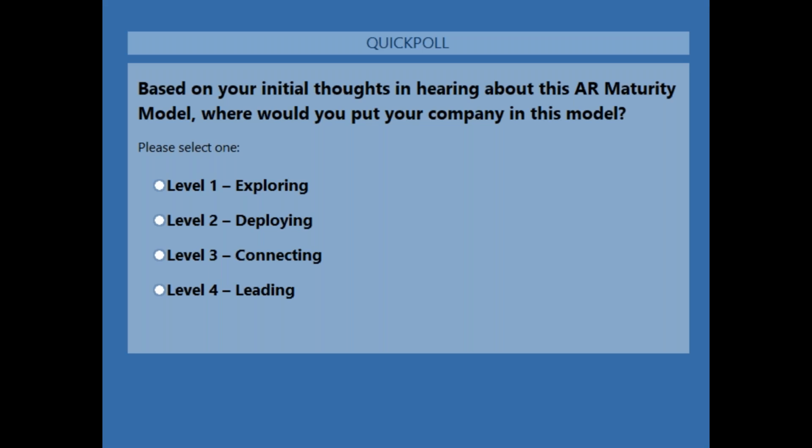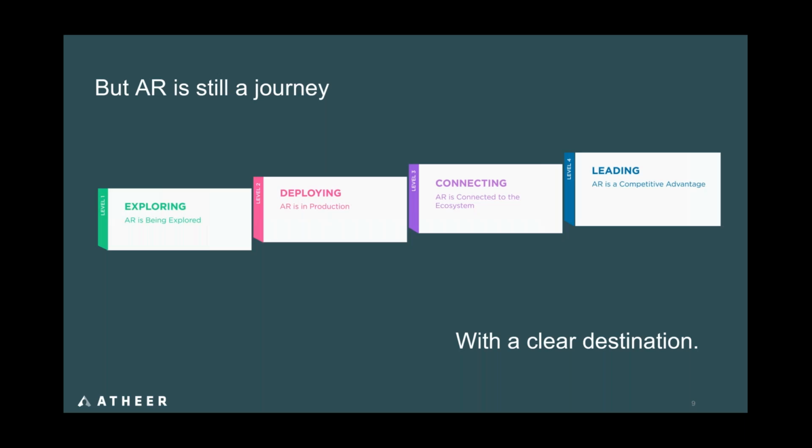So this model is designed to be more of a tool for planning how to evolve from a stage where maybe an organization is just exploring and learning to one where they think that augmented reality provides a true strategic advantage.